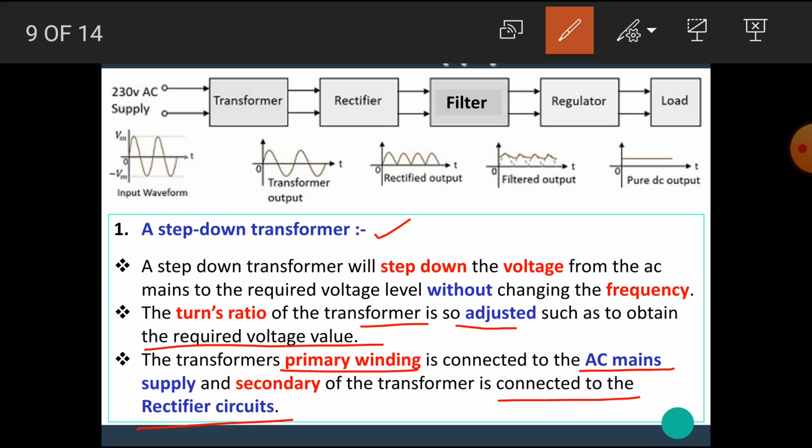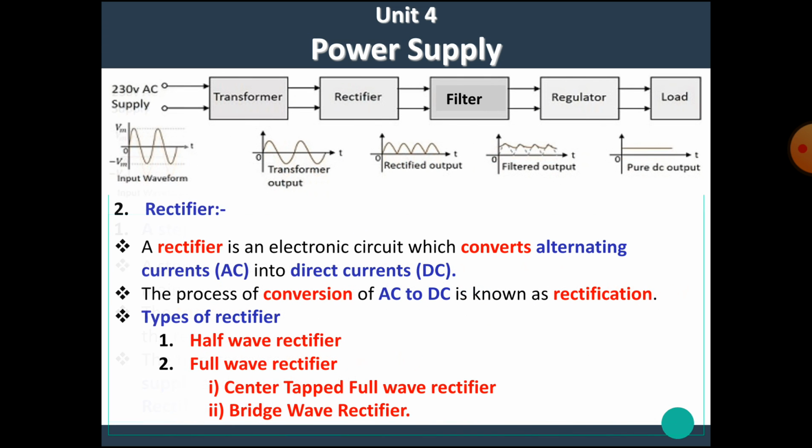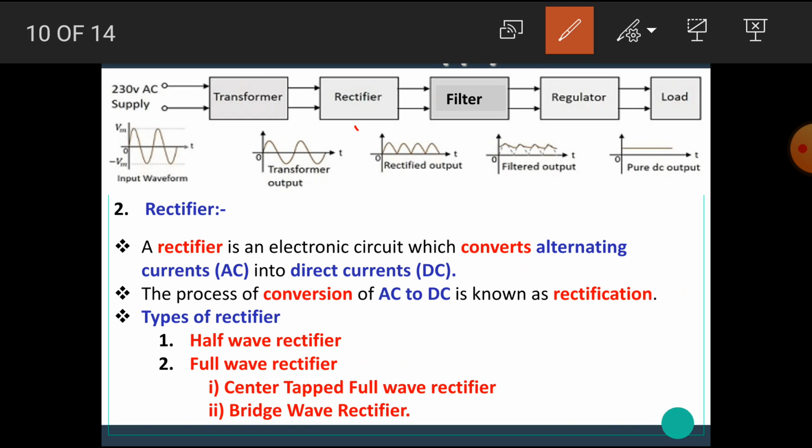Okay, now let's see the next block, the rectifier. This is the rectifier block. A rectifier is an electronic circuit which converts alternating current, the AC, into direct current. That means the electronic circuit which converts AC into DC is called the rectifier, and the process of conversion of AC to DC is known as rectification.